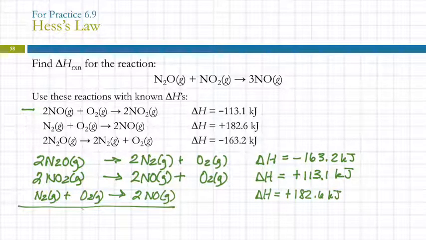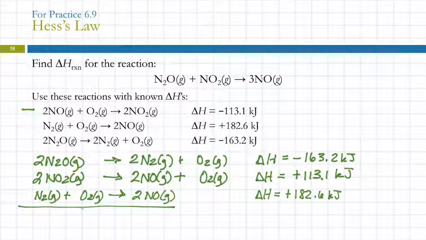I need these to add together to get this. Well, I've got some things that are going to cross out, right? I've got O2 would cancel with this O2, but then I've got another one here. So that's going to be a problem. And I've got 2 N2s, and I've only got 1 N2 over here.